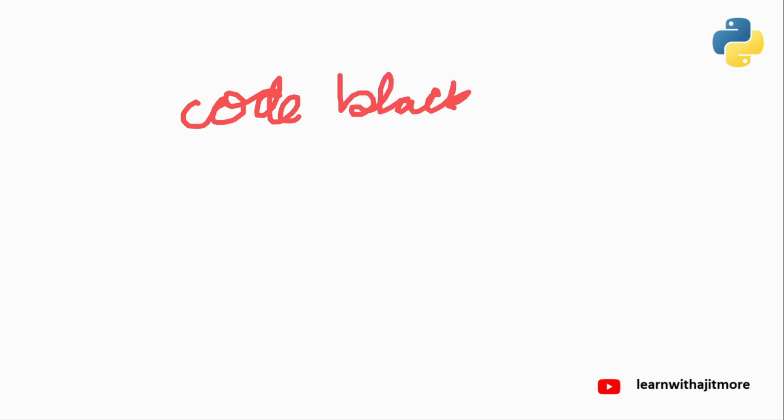So what are functions? You can call them procedures or subroutines or subprograms. So many names are there. It is a named code block. Some code block is there, and to that code block you have given some meaningful name.